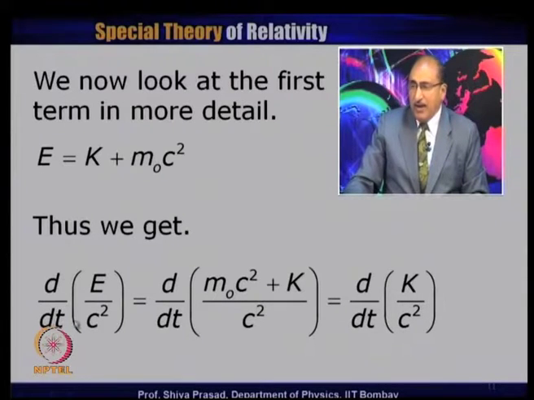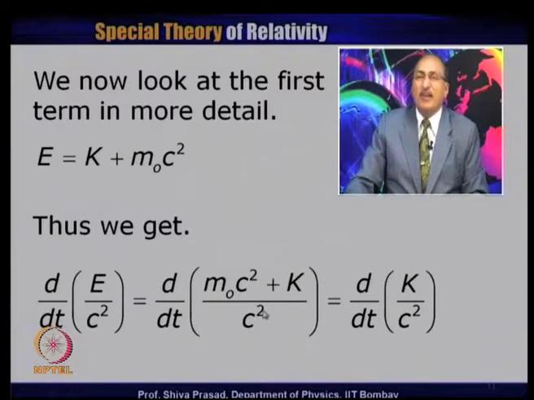So, if I look at the time derivative of E upon c square, I can write this as the time derivative of (m naught c square plus K) divided by c square, just substituting for E. Of course, the first term would give me d/dt of m naught, and m naught is the rest mass of the particle, which is not expected to change as a function of time.